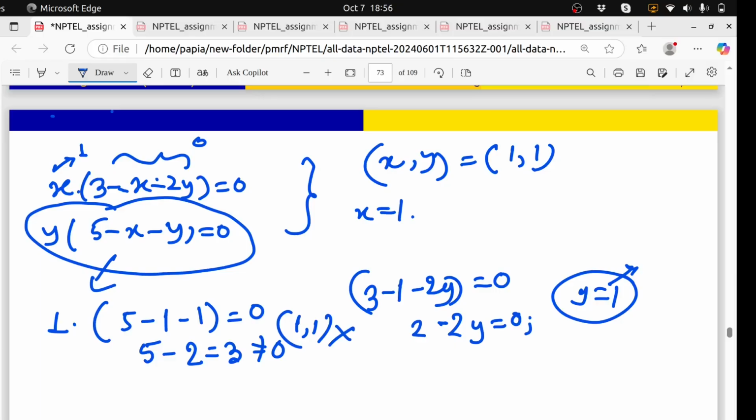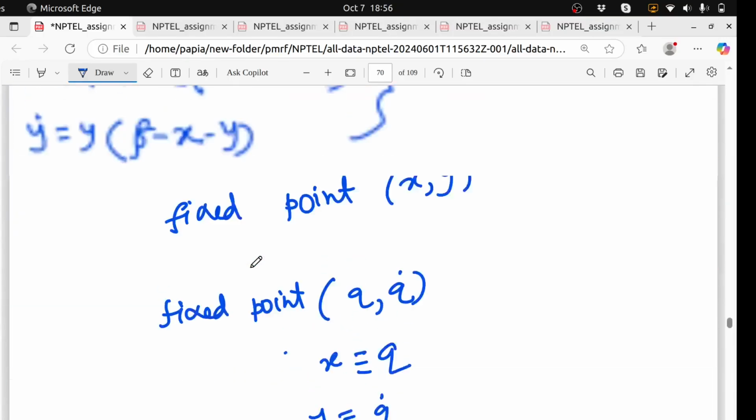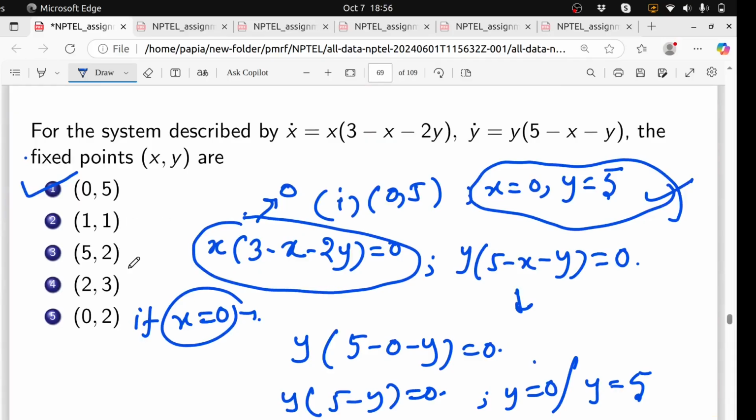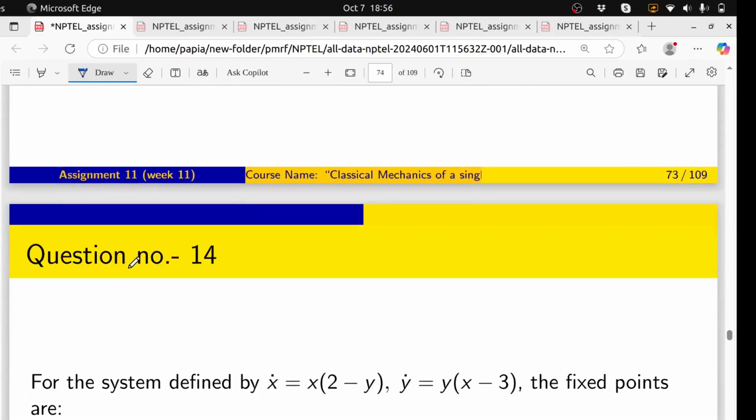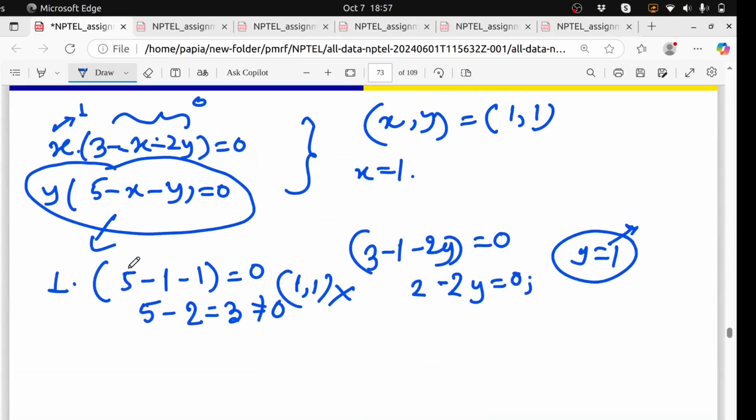Now coming to the next option. The next option is (5, 2). x equals 5, y equals 2. x(3 minus x minus 2y) equals 0.